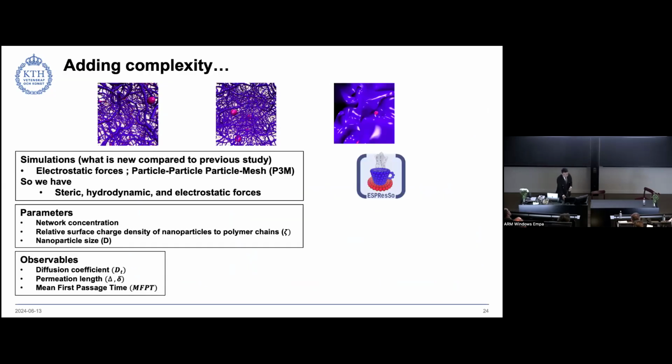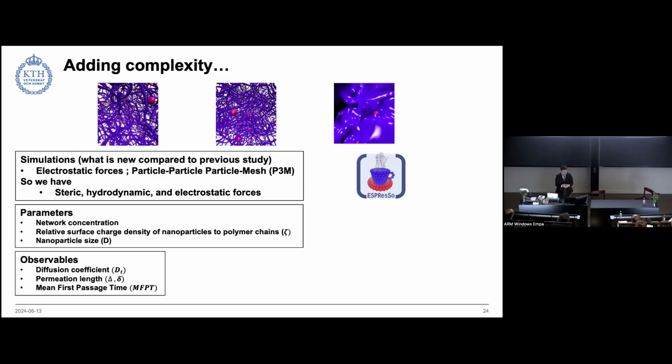So what we did here is we had a system with steric hindrance and hydrodynamic forces, so we added electrostatic interaction into the system with the help of the particle mesh, or P3M, algorithm, which is in Espresso.